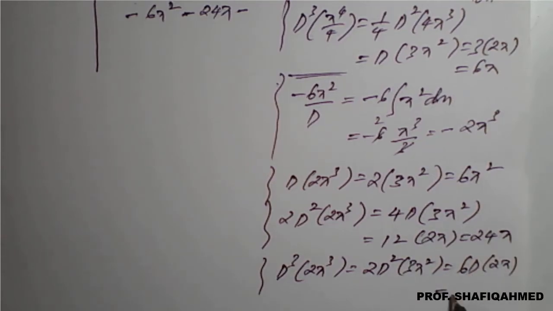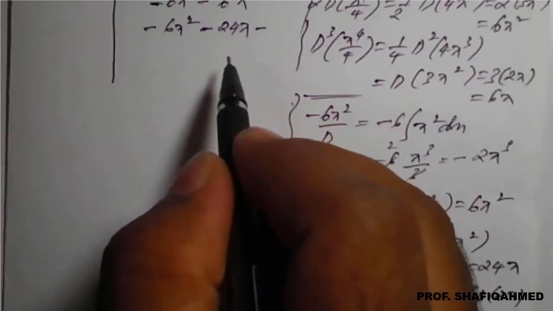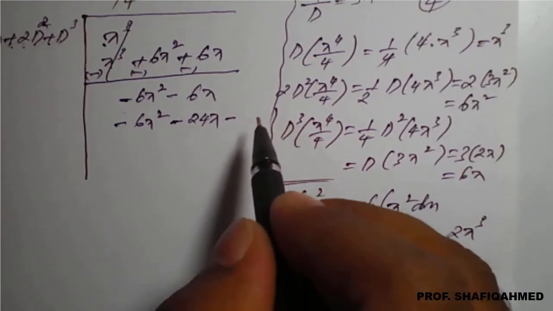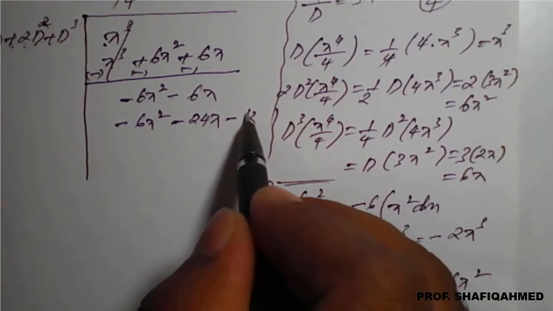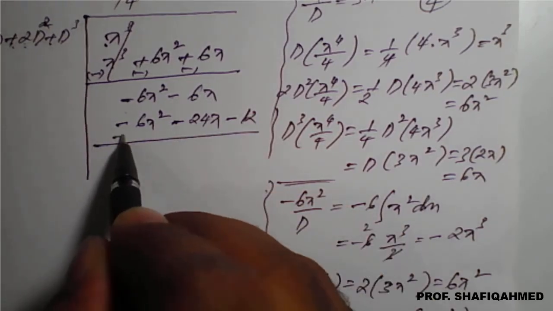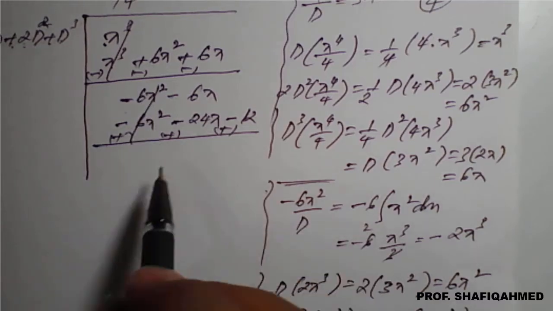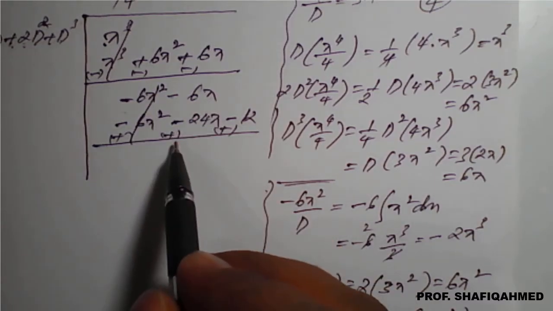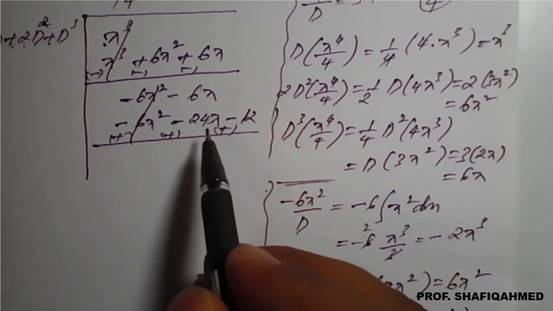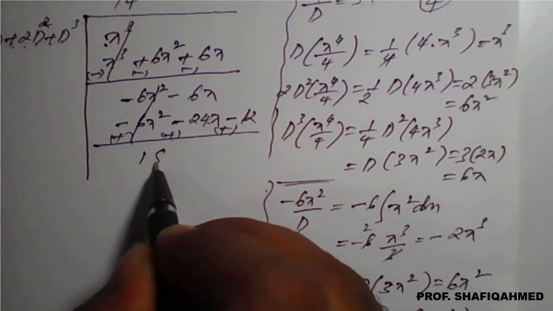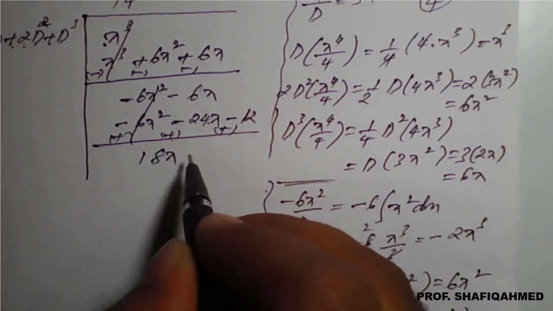Again 6 twos are 12. Differentiation of x is 1, so we got 12. That 12 we'll write here. So on simplification, plus plus plus, so this cancels, so minus 6x plus 24x will get 18x, then this plus 12.